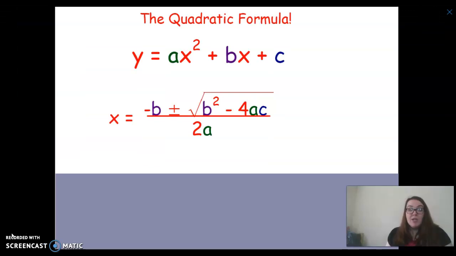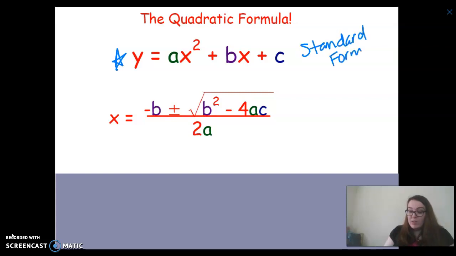I'm going to give you a chance to write these both down, so pause it and write them both down, and then I'm going to explain where it all comes from. This first one, y equals ax squared plus bx plus c, is standard form of a quadratic. Now, instead of y equals, you will have yours equal to 0, but that is standard form.